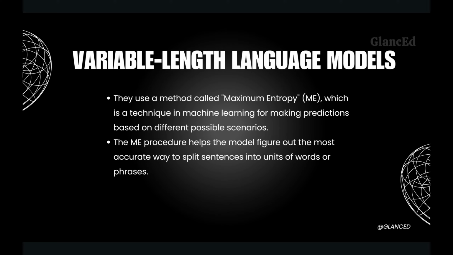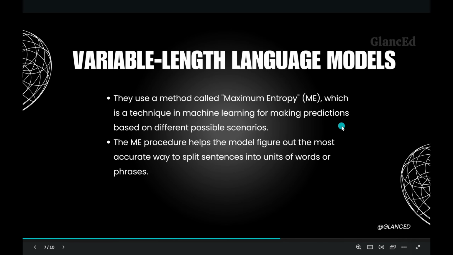Mutual information is nothing but how this word is related to this word. It will understand how the previous word is related to the current word, and based on that it will combine those words, so it will give you a phrase at the end, right? So this is how the process happens, and then the maximum entropy algorithm is used to predict the next word in the given sentence. So this is how the prediction happens in variable length language models.